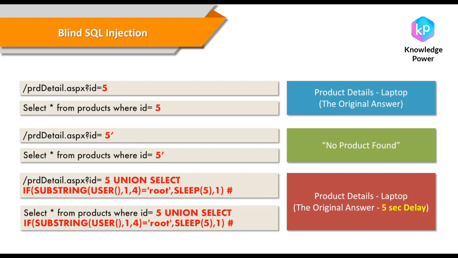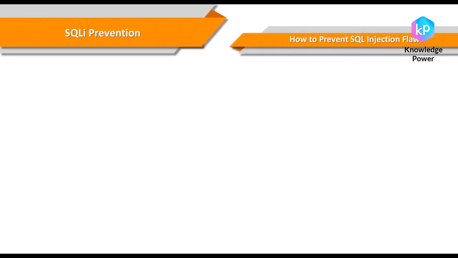Now, thankfully, there are several tools that can automate these attacks once the location of the vulnerability and the target information has been established. Now, we already know one of them. It's SQLmap. An SQL injection is a well-known attack and easily prevented by simple measures.